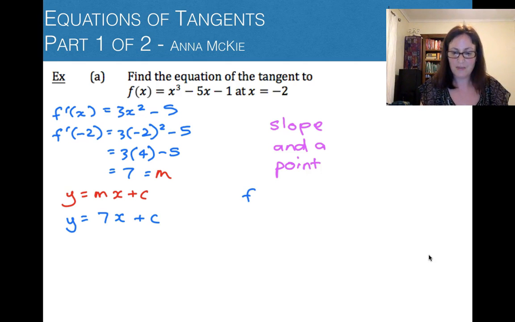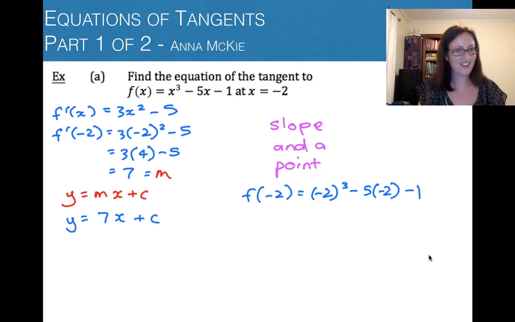So we need to sub x equals -2 into the function itself. So -2 all cubed take 5 times -2 take 1. And we are left with 1.